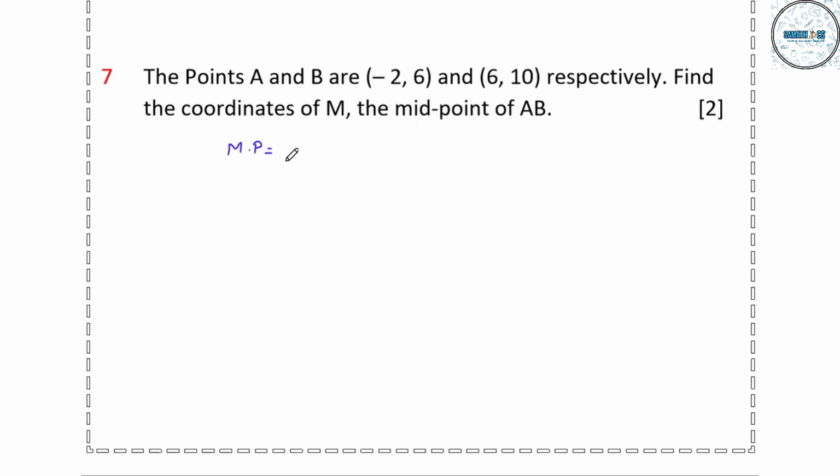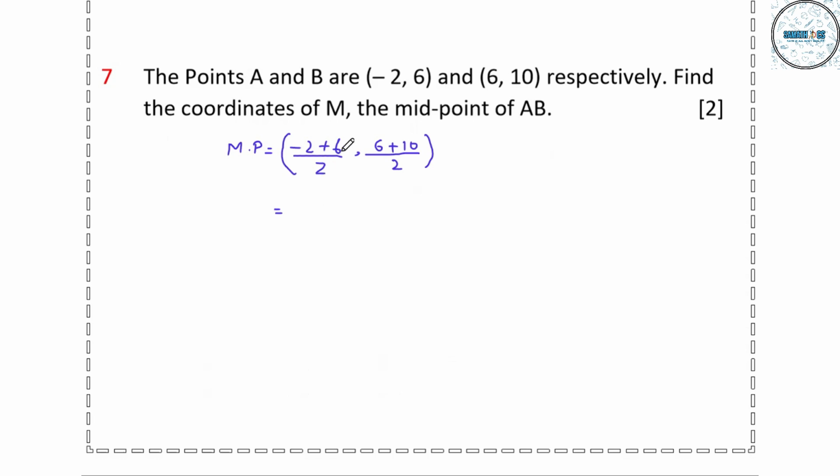So minus 2 plus 6 upon 2, comma, y1 plus y2 upon 2, 6 plus 10 upon 2. Make sure you are writing in bracket because we have to always write coordinates in bracket.